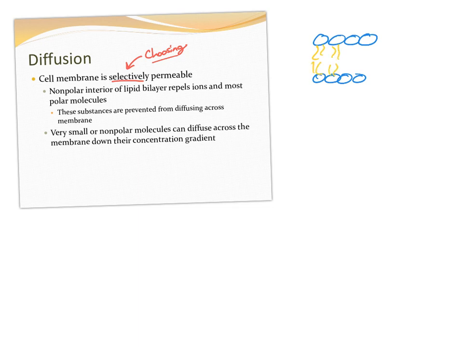So you have a phosphate and two tails. That's a phospholipid bilayer. Why bilayer? That's right, two layers, and they're phospholipids.